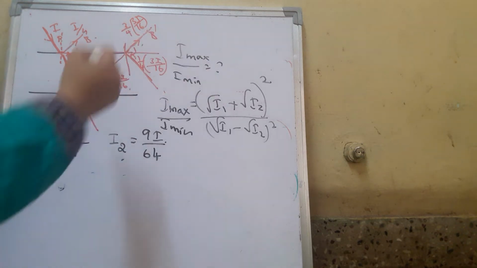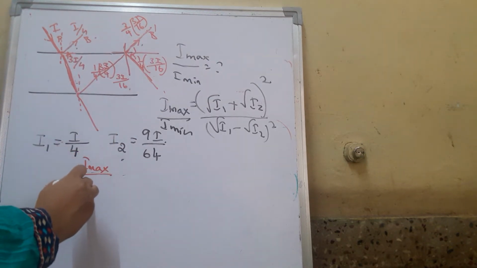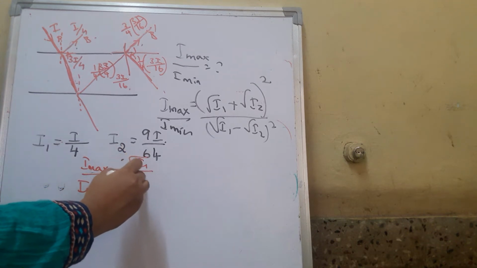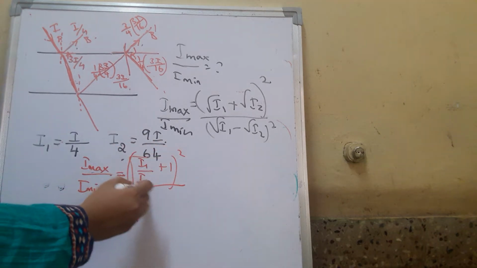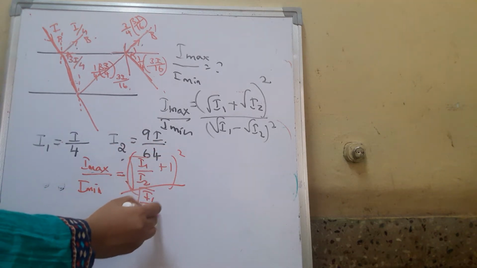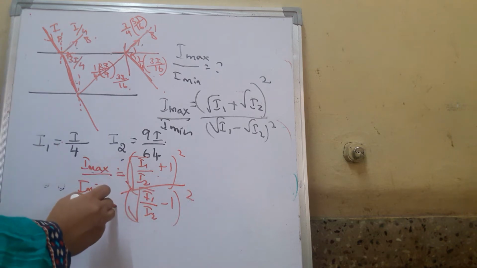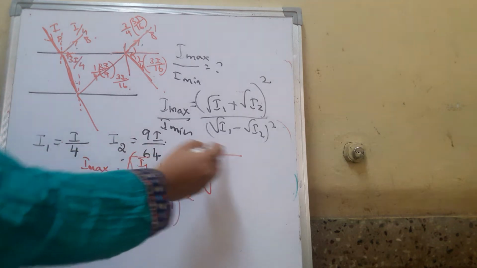இப்போ இதுல இருந்து I2 காமனா எடுக்கிறேன். So I maxima by I minimum is equal to square root of I1 by I2 plus 1 the whole square. அதே மாதிரி கீழே, square root of I1 by I2 minus 1 the whole square. இதுல இருந்து I2 காமனா எடுத்துட்டேன். கேன்சல் ஆயிடுச்சு. இப்போ I1 by I2 ரேஷியோ எடுங்க என்ன வரும்?